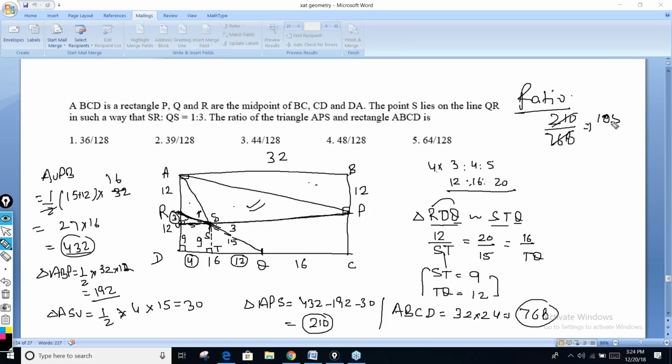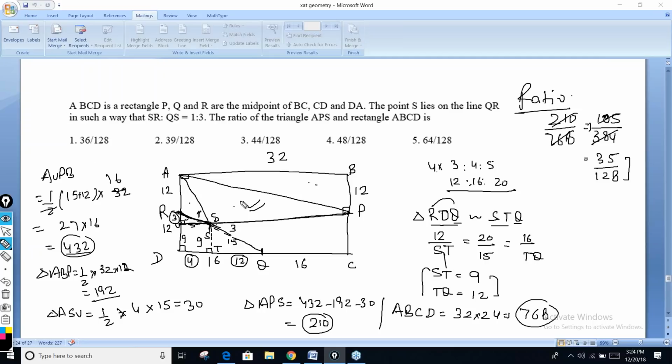So I'm getting the answer 105 upon 384. Here it will be cancelled with 3. So 35 upon 128. Still something I have missed. So I'm getting 35 upon 128 instead of 36, or something else was the answer.